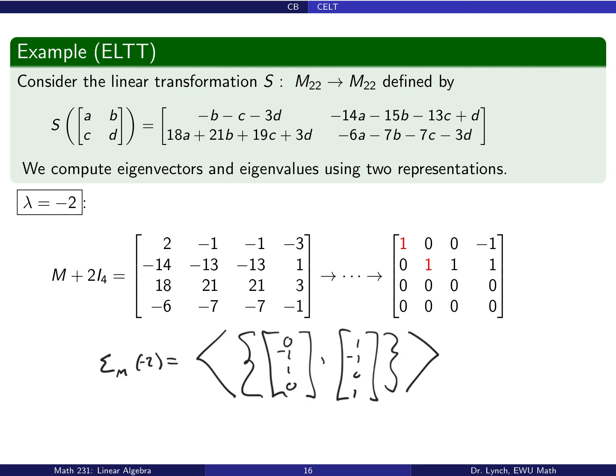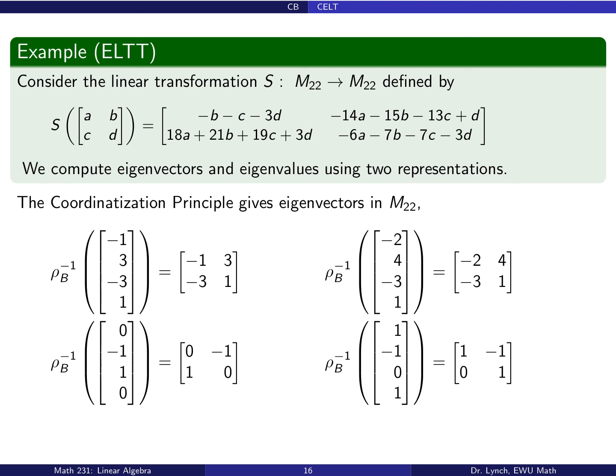One is 0, -1, 1, 0, and the other is 1, -1, 0, 1. Okay, so with those, we can pretty quickly identify the eigenvectors of the transformation with the coordinatization principle. So we decoordinatize with respect to that standard basis and come up with these four elements of M22 as the eigenvectors of our transformation.